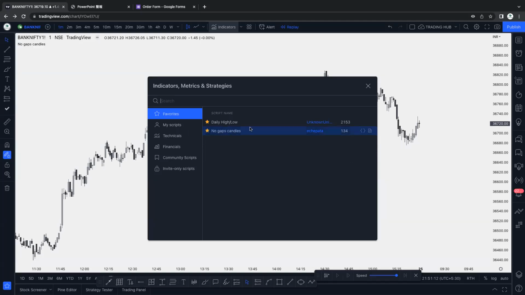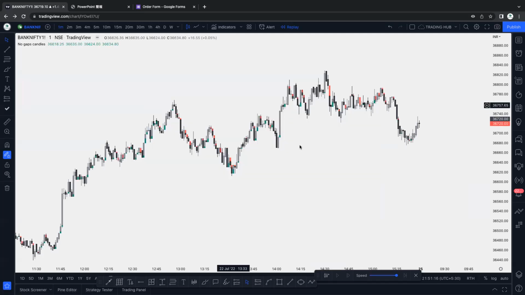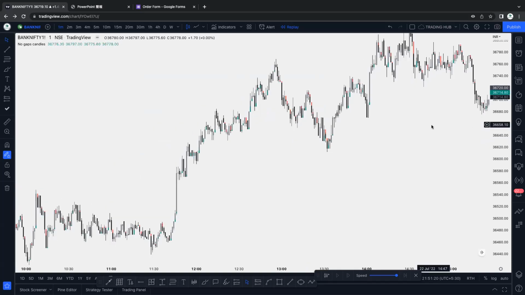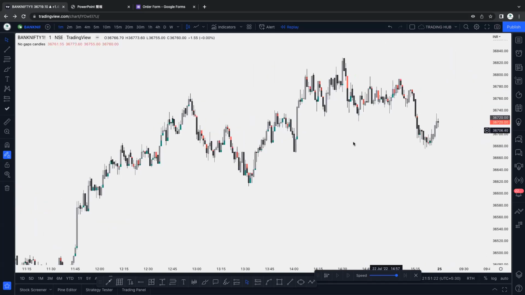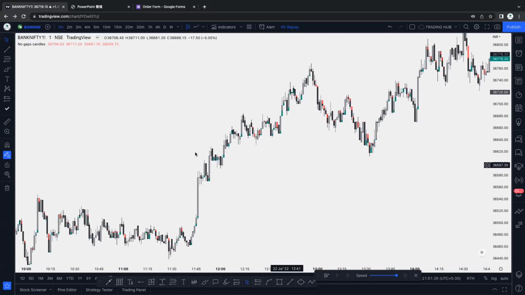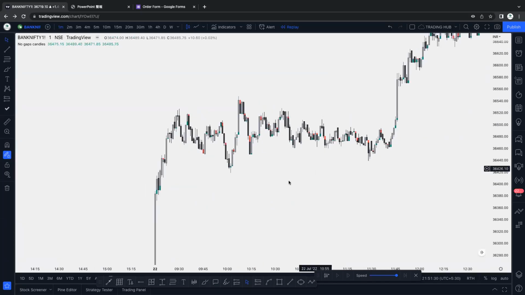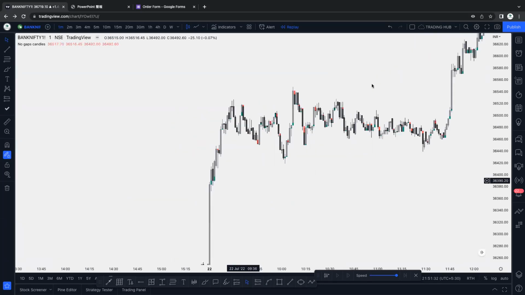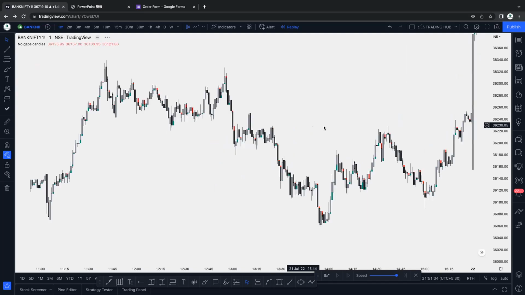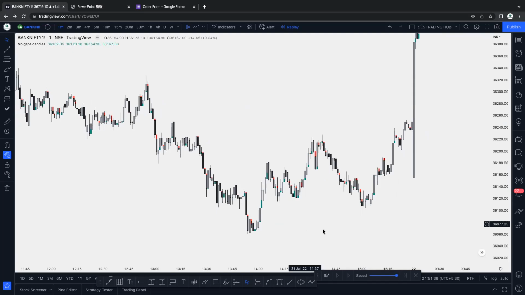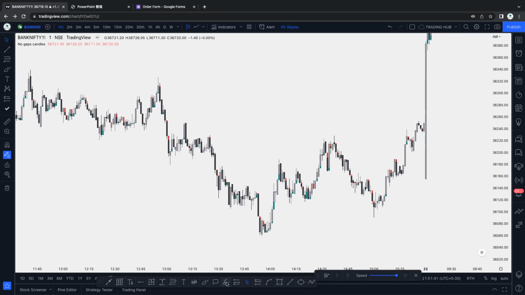This indicator will help you if your chart has a gap, no-gap candlestick. So now we can see your candlestick looks very smooth. Okay. There's no, I think everything is clear. Exactly, there is no problem.